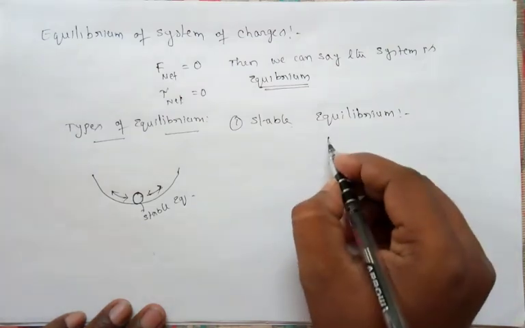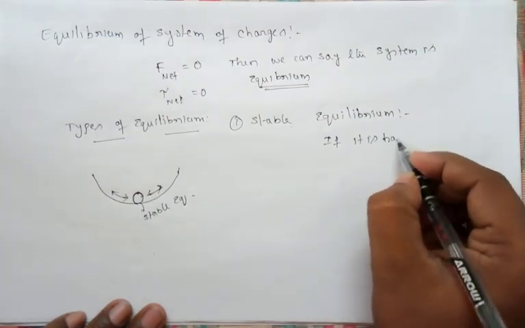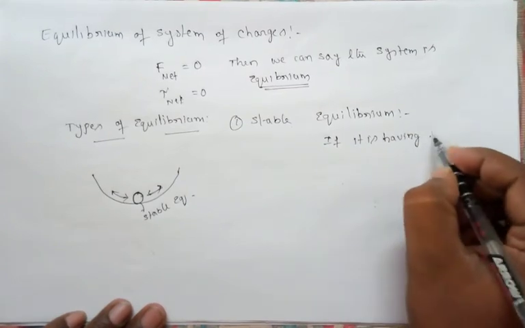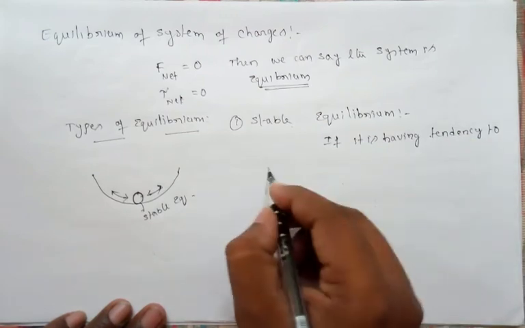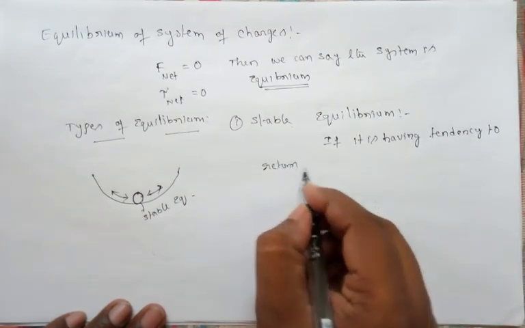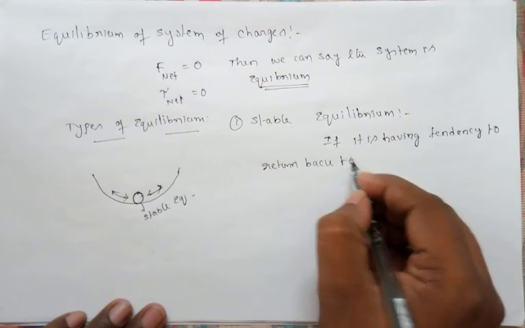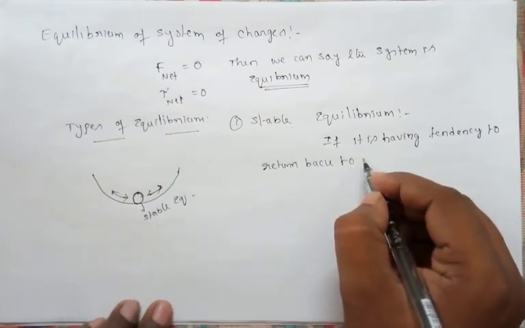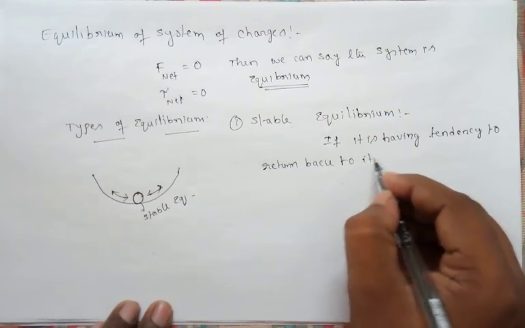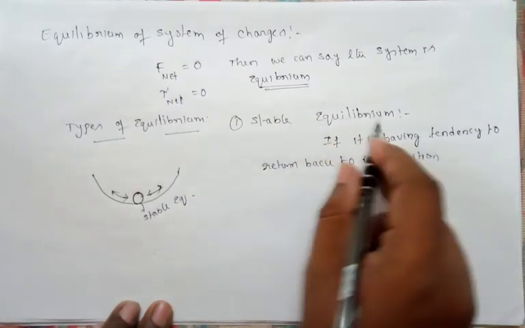So if it has a tendency to return back to its position, then we say that it is stable equilibrium.